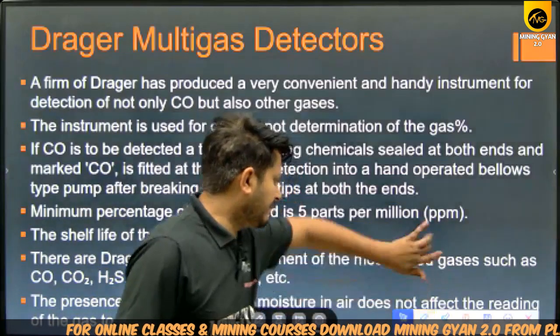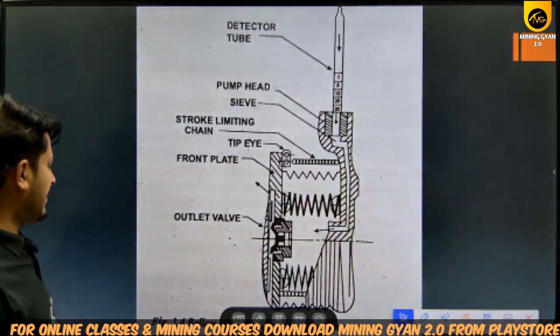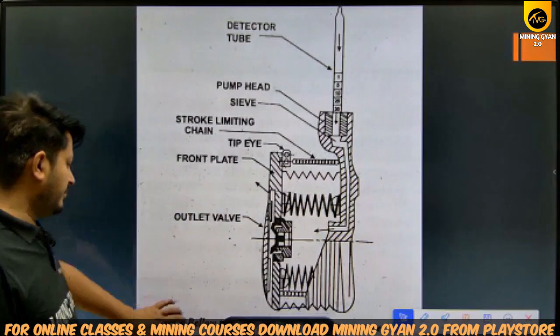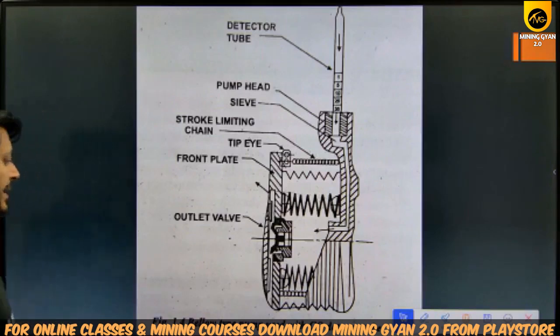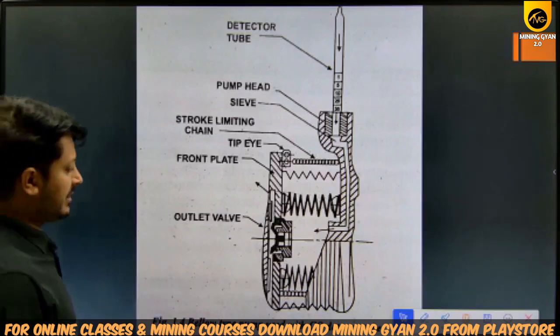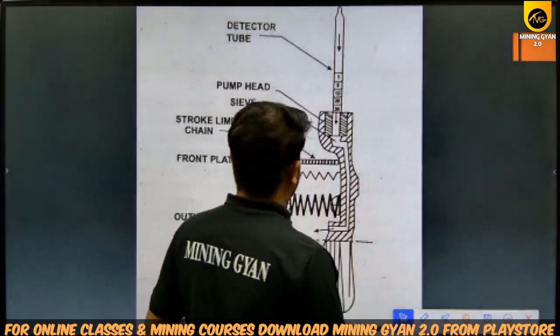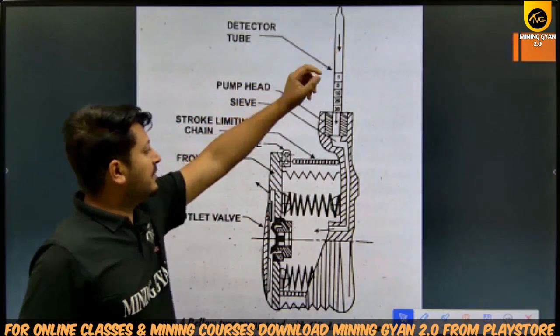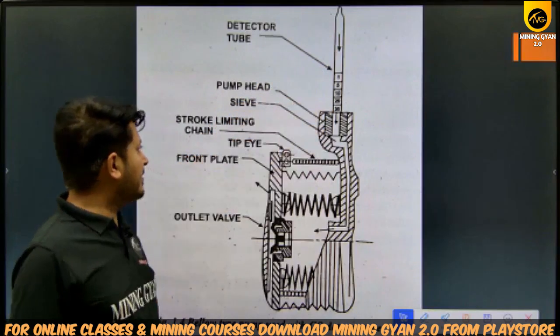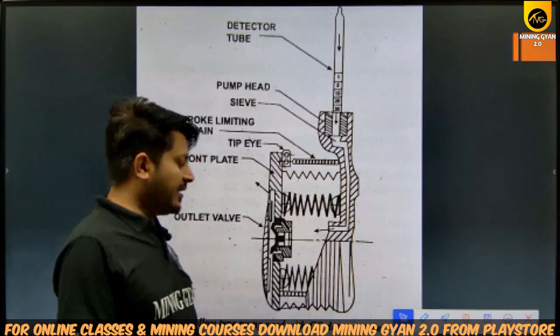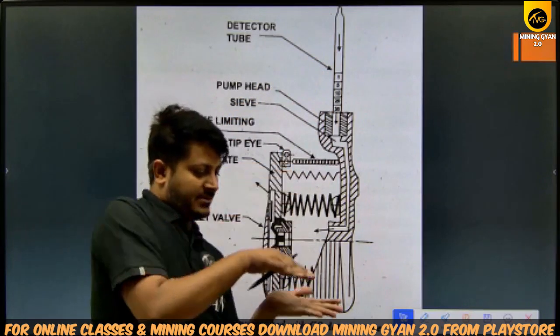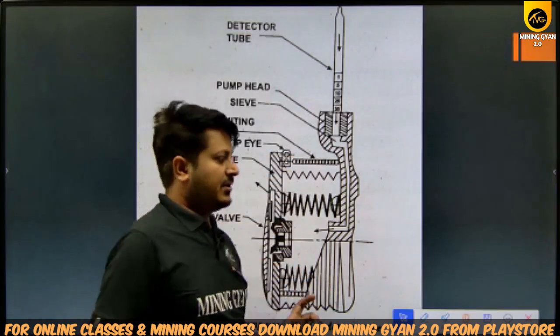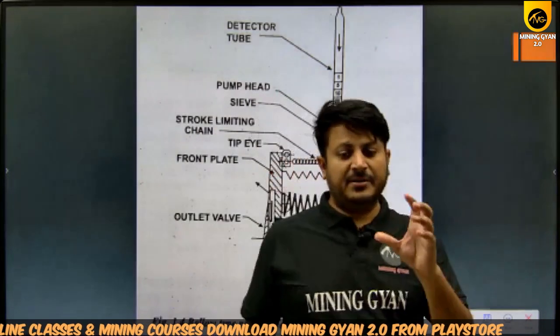Now the next one, this is the bellow type pump used with CO detector tubes. It is a bellow type pump. Basically it is a pump, and this is the tube which is attached to this pump. You have seen the aspirator bulb.